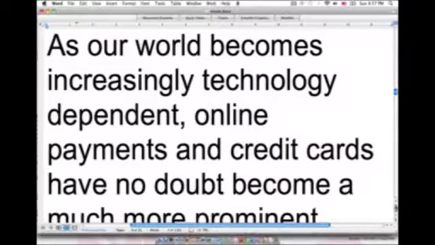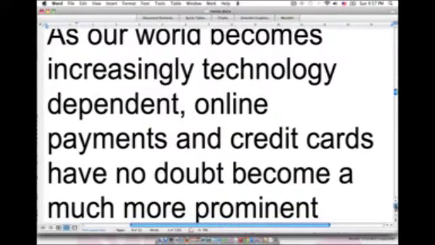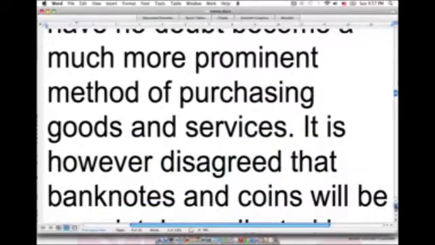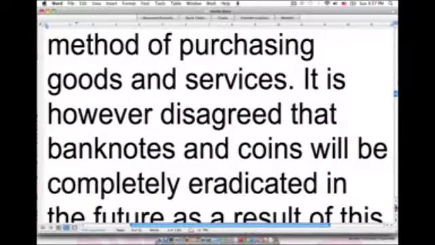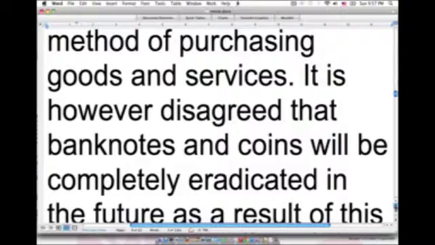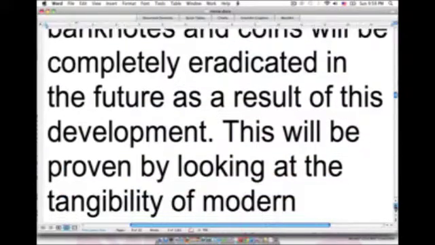As our world becomes increasingly technology dependent, online payments and credit cards have no doubt become a much more prominent method of purchasing goods and services. It is, however, disagreed that banknotes and coins will be completely eradicated in the future as a result of this development.